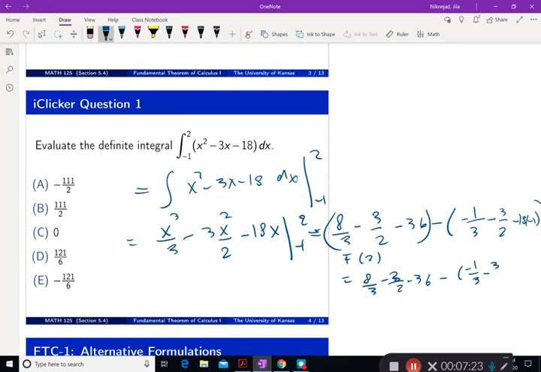This one was -6. -6 minus 3/2 plus 18. And compute to get, and the answer is -111 divided by 2.